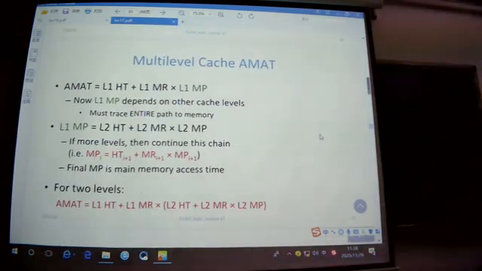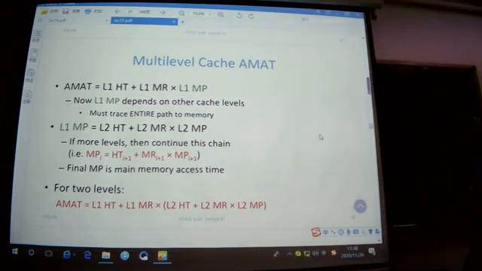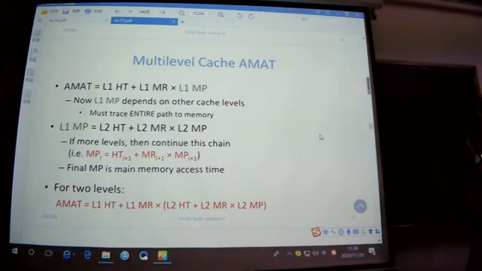Multi-level cache AMAT. You can find this is the standard or criteria.